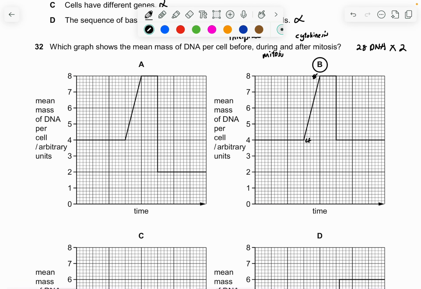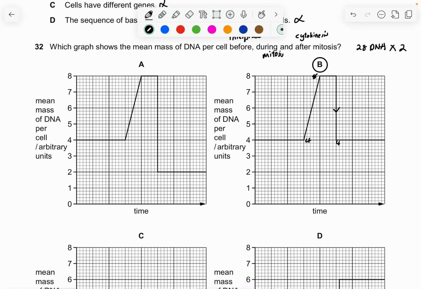Then mitosis happens. They will undergo all the different phases, and they will split during the anaphase, where both of the chromosomes are split. Then it will be reduced again to 4, and the numbers remain the same, because mitosis happens in diploid cells. Remember, it happens in diploid cells.